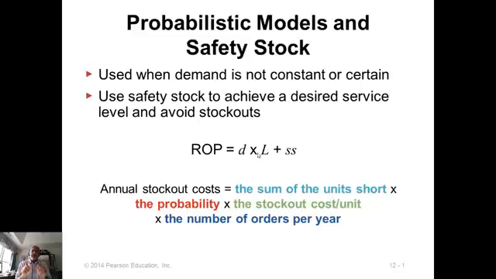So for the moment, if we assume that demand being larger or smaller is equally likely, then 50% of the time you'll be all right, because demand is less than D times L. But 50% of the time the demand will exceed D times L and you'll run out of stock.